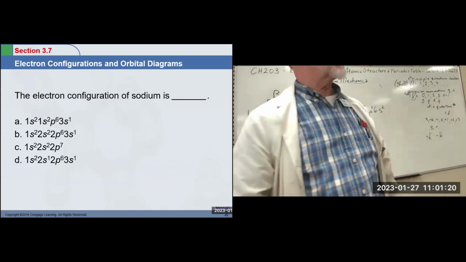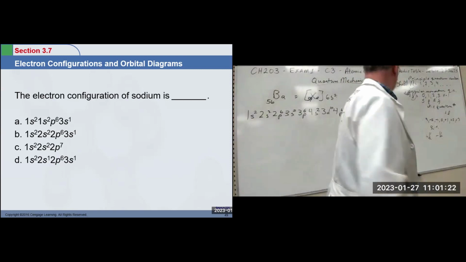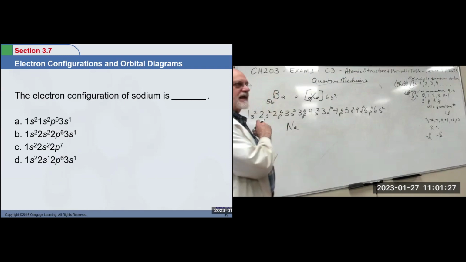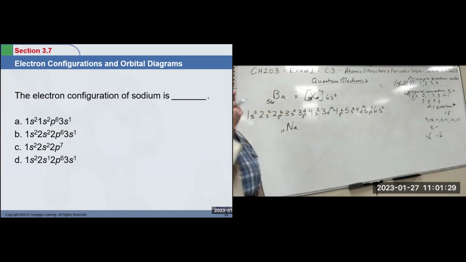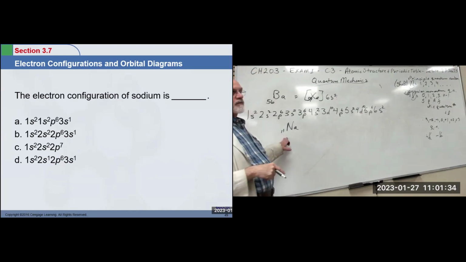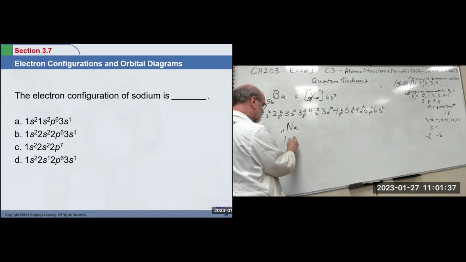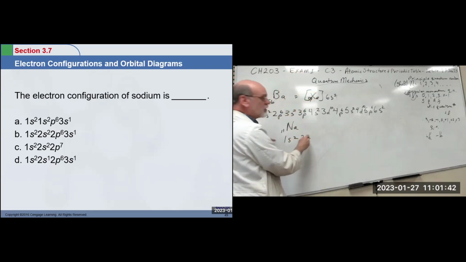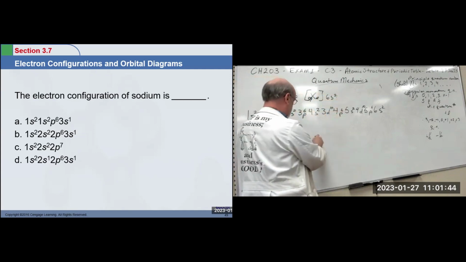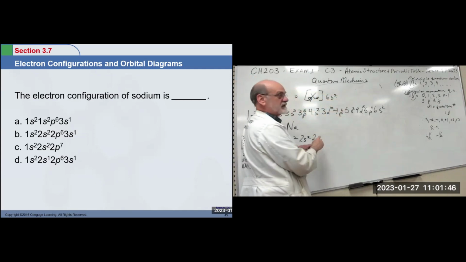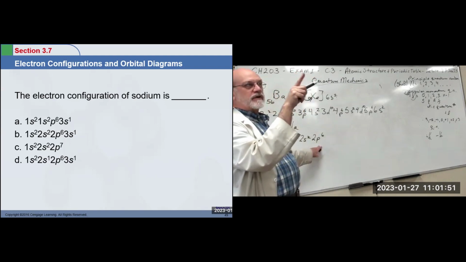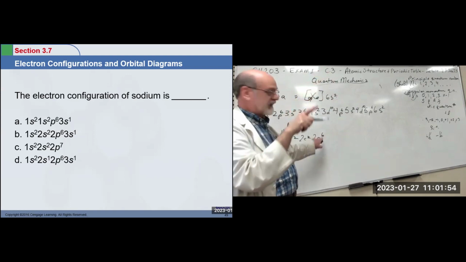So what's the electronic configuration for sodium? Well, sodium has how many? 11, right? Let's look at the periodic table. Sodium is going to be 1s2 for hydrogen and helium, then 2s2 for lithium and beryllium, then 2p6 for boron, carbon, nitrogen, oxygen, fluorine, and neon.